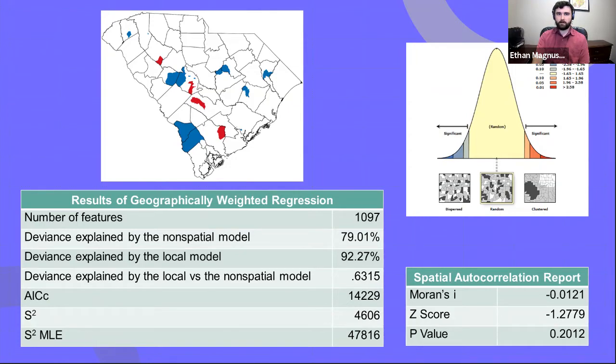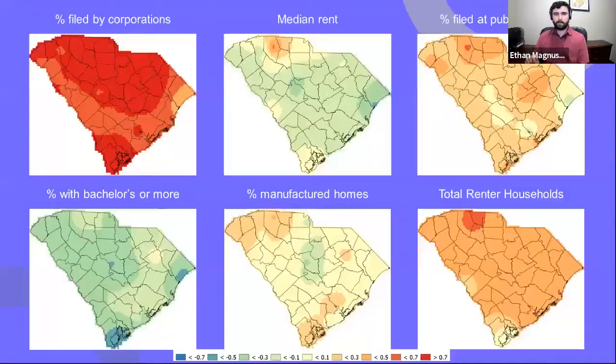And this allows us to understand how eviction interacts with local housing markets in different ways in different areas. For example, as you can see on these maps of a select few of the variables that we used, there are some clearly defined housing markets within the state of South Carolina, which are very different from their surroundings.